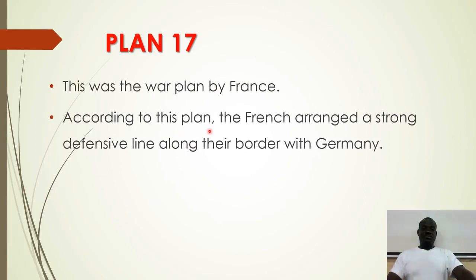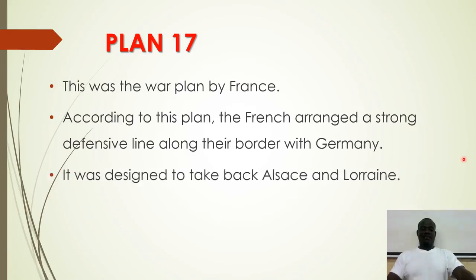According to this plan, the French arranged a strong defensive line along the border with Germany. As already pointed out, the French put strong reinforcement of soldiers so that the Germans should not penetrate into France.